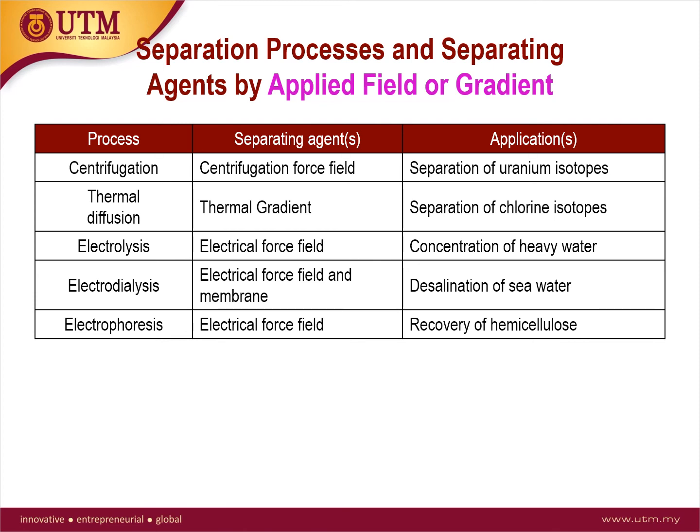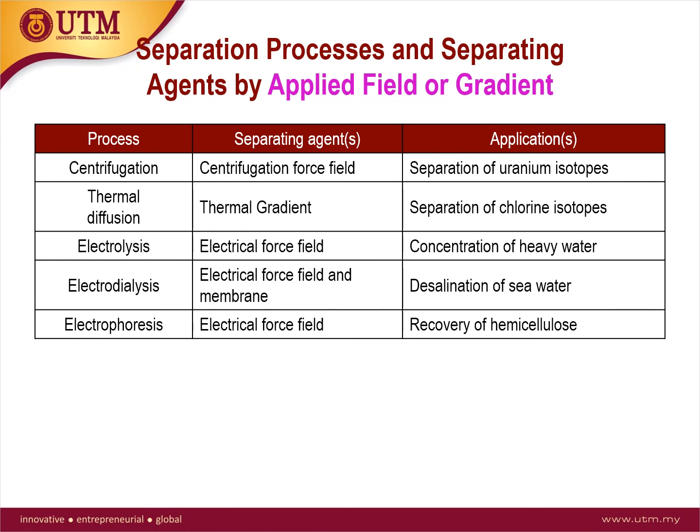For the concentration of heavy water, it uses heavy metal ions, like ferrum, in the mixture of water. So different ions will have attraction or affinity towards a different charge or pole, so-called anodes and cathodes.